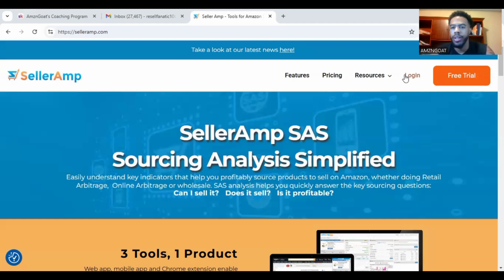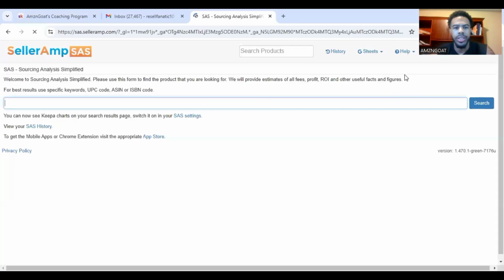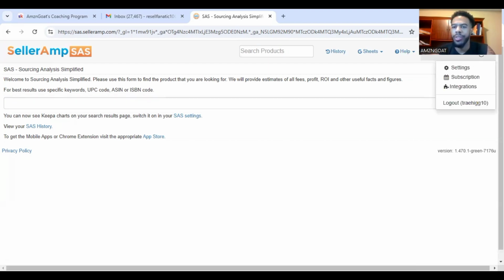Right now, I'm going to go ahead and log in. Hopefully, it just lets me go through. Cool. All right, so perfect. Now that we're logged in, if you click this button in the top right, it should allow you to open up your settings.